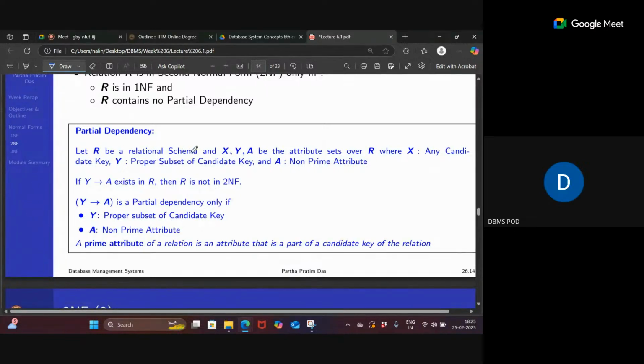So let R be a relational schema and X, Y, A are attribute sets of R. You understand this terminology. R is our table and it has some columns. X, Y, A are attribute sets over R, where X is a candidate key, and Y is a proper subset of a candidate key.